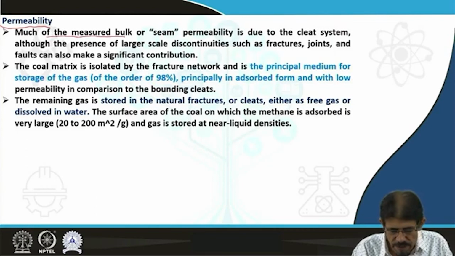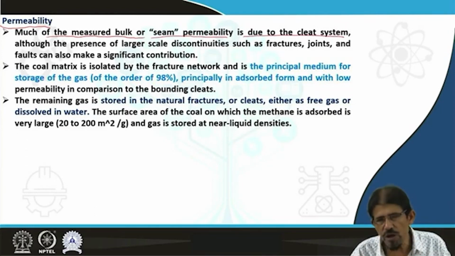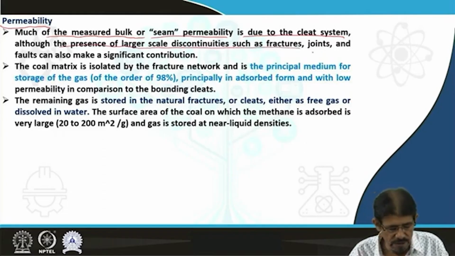Much of the measured bulk or seam permeability is due to the cleat system, although the presence of larger scale discontinuities such as fractures, joints and faults can also make a significant contribution in improving the permeability of coal strata.